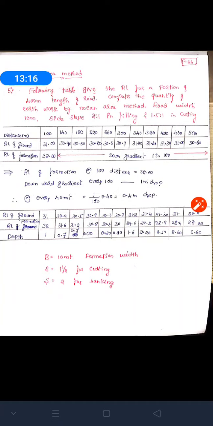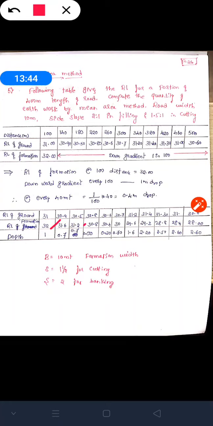Okay, same tabular column, again in that we should find out the formation level. To find out the formation level, we should deduct from the starting 32. At chainage 100, the formation is 32, whereas at chainage 140, the formation is 31.6, means 32 minus 0.4, we got 31.6. Similarly at chainage 180, that is 31.2.